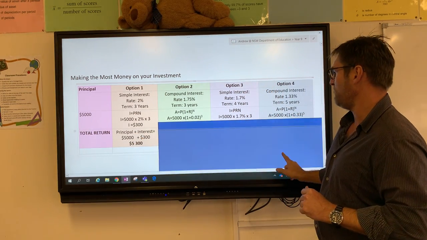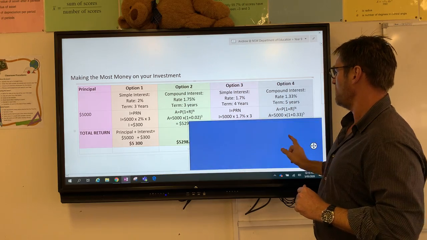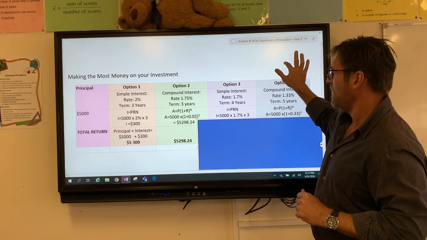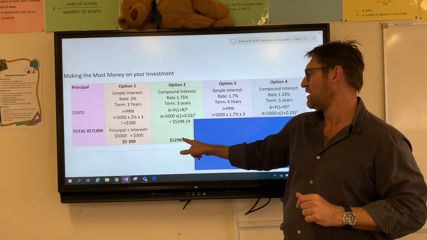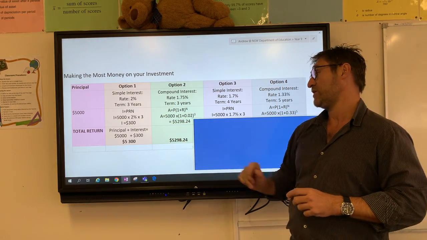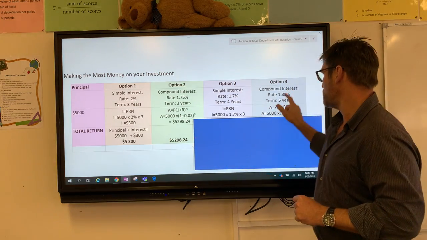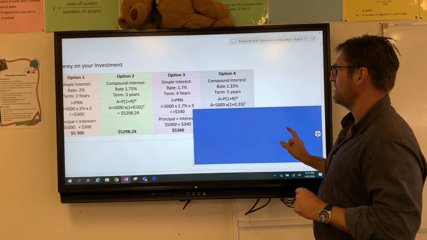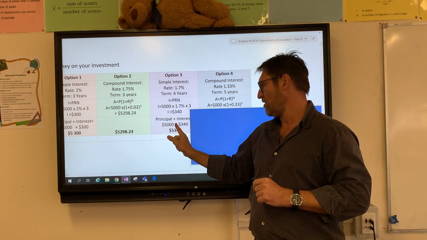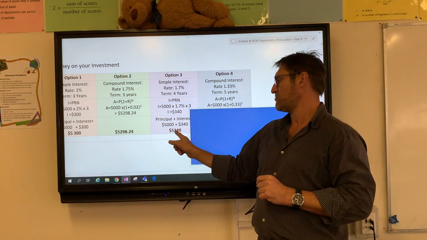Option two, putting all that carefully into your calculator, you got $5,290.24 in one go. Hopefully I've done these correct. Option three, same as option one, it's just simple interest. So you got $340 in interest, so you got $5,340 back.